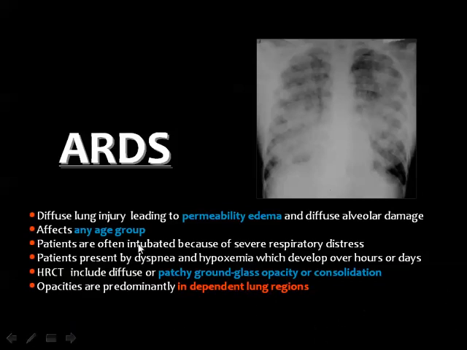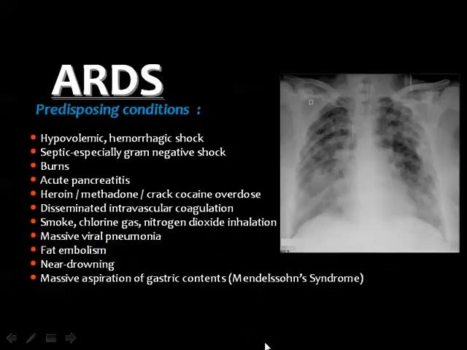Patients are usually severely distressed and they are in the ICU, they are usually intubated, and they are given positive oxygen treatment. Then these are the predisposing factors of acute respiratory distress, which are similar to the non-cardiogenic causes of pulmonary edema, and they are almost the same.